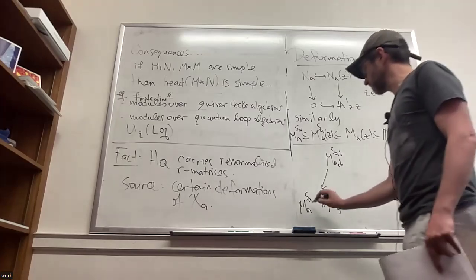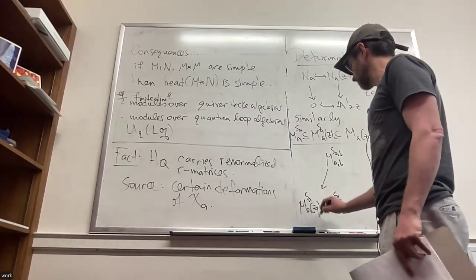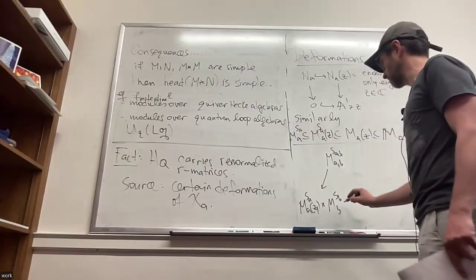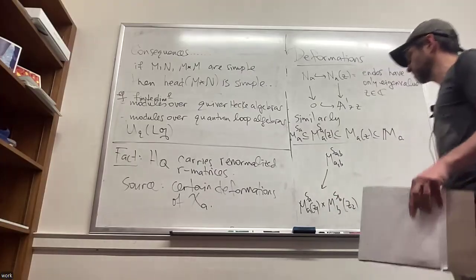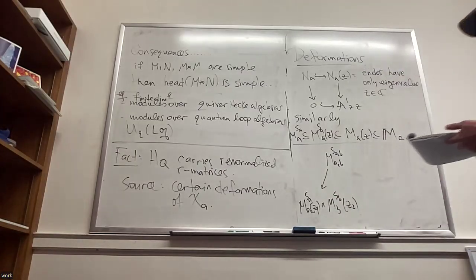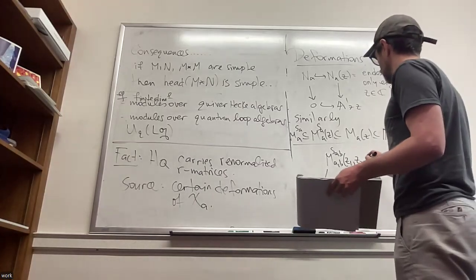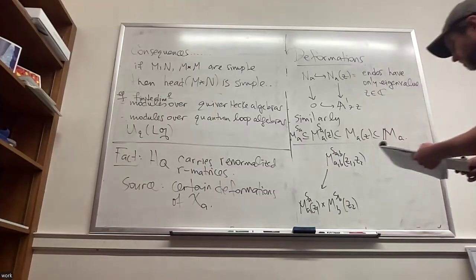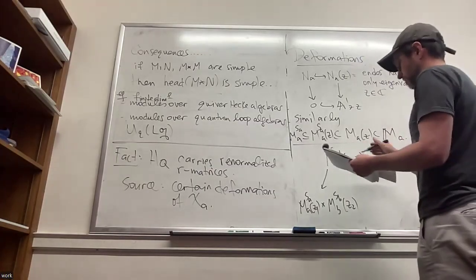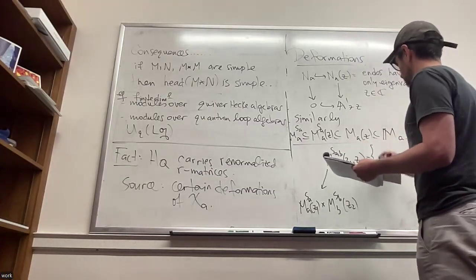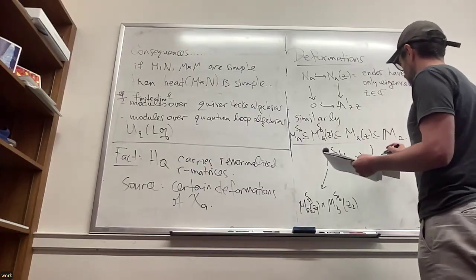Now we're going to do a deformed version of it. We're going to deform this one with some parameter Z1, this one with some parameter Z2. So we have two parameters, and this space is going to be denoted Z1, Z2. It's going to consist of the same condition as before.